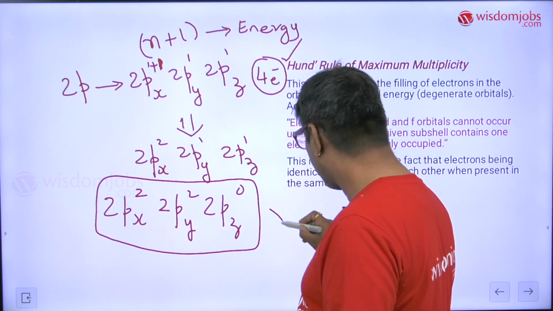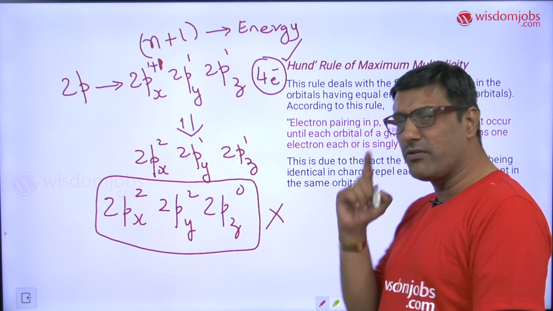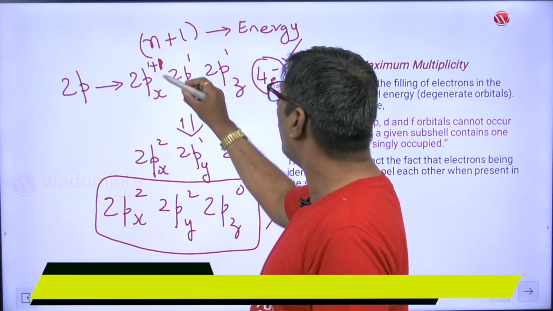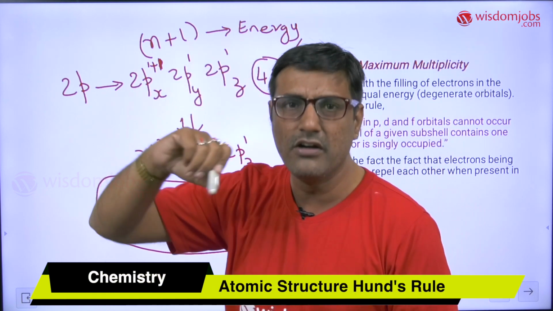This is a wrong concept. This is what is told by Hund's rule: the pairing of electrons will take place only after every degenerate orbital has been filled.